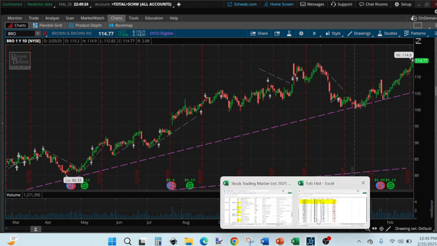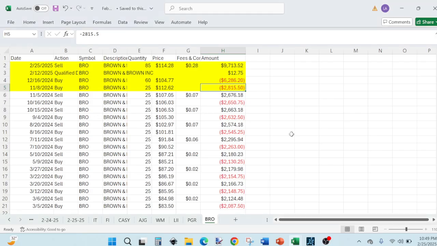So that one was more a long option swing trading strategy between the February 12 purchase and the 25 purchase, but still it was purchased and sold. Now, December 16 purchase and February 25 sell.